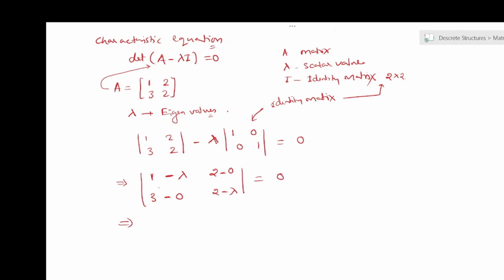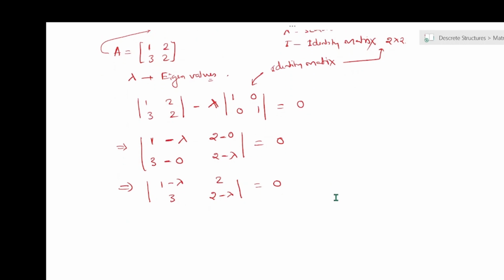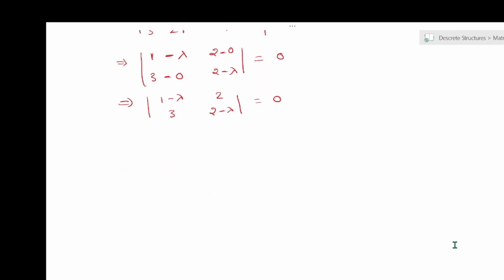This implies we simplify it first: [1 minus lambda, 2; 3, 2 minus lambda] equal to 0. And now we'll solve the determinant. We multiply this and this minus this and this, that is known to you all. (1 minus lambda) into (2 minus lambda) minus 2 into 3 is equal to 0.